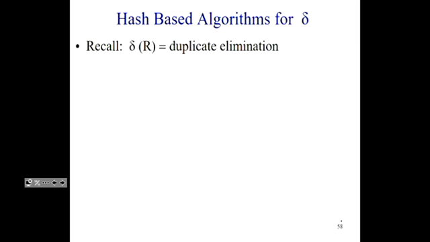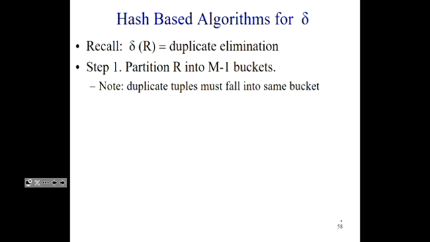So let's talk about duplicate elimination as a first hashing-based operation. The first step is to partition R into m minus 1 buckets. Once again, you can think of this as one input buffer, and you're using a hash function to divide it up into m minus 1 buckets.